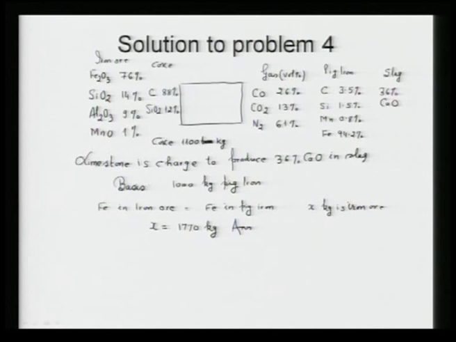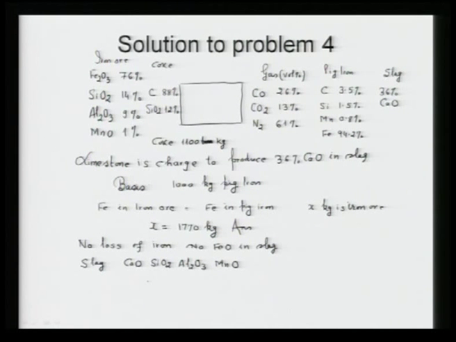Now, we have to find out the amount of slag, because the amount of slag is also not known to us. First of all we have to see the problem. The problem says no loss of iron, that means no FeO in slag. So, slag consists of CaO, SiO2, Al2O3 and MnO.